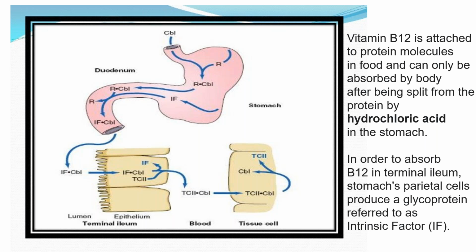In order to absorb B12 in the terminal ileum, the stomach parietal cells produce a glycoprotein, the intrinsic factor, and B12 attaches to it and goes to the terminal ileum. Here it is absorbed, goes to the blood, is carried with the transcobalamin, goes to the tissues, and helps in DNA synthesis, especially of RBCs.